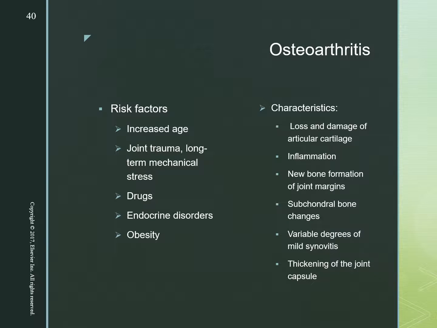Osteoarthritis risk factors include increased age, joint trauma, long-term mechanical stress, drugs, endocrine disorders, and obesity. Osteoarthritis characteristics include loss and damage of articular cartilage, inflammation, new bone formation of joints, muscles, subchondral bone changes, variable degrees of mild synovitis, and thickening of the joint capsules.